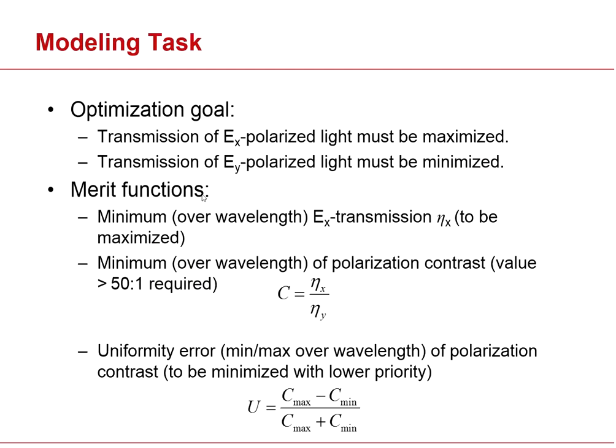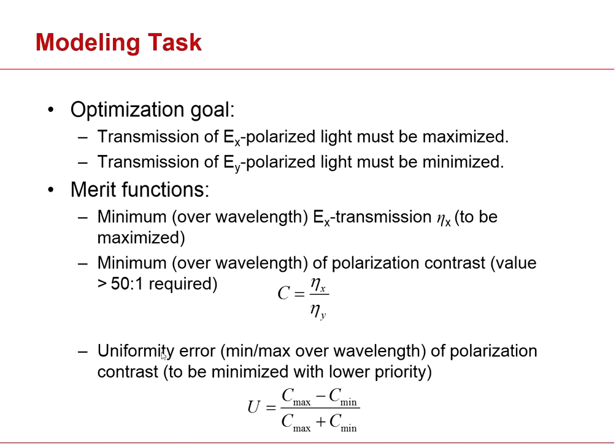The optimization goal is to maximize the transmission of the X component of the electric field and to minimize the transmission of the Y component of the electric field. So furthermore, we define the polarization contrast, which is the ratio between X and Y component, and this should be greater than 50.